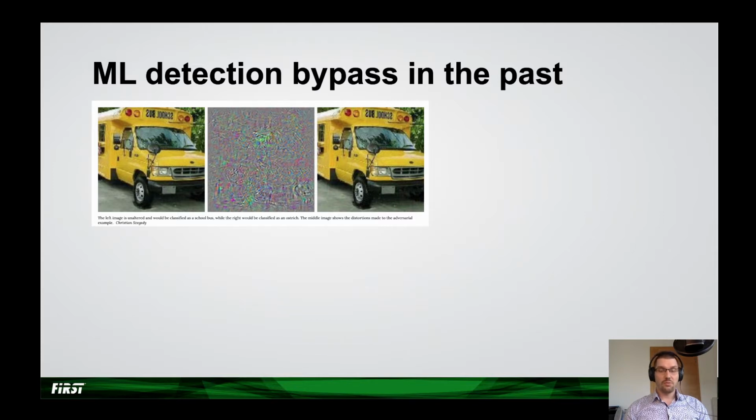But if you basically just add the overlay, which you can see in the middle, to the image on the left, some machine learning classifiers will detect that what they can see on the right is an ostrich and not a school bus.